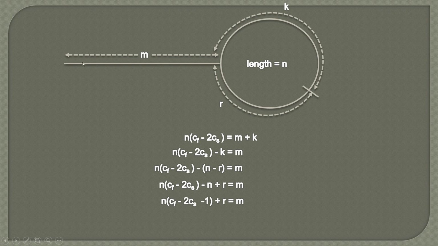And meanwhile m would have reached somewhere here, because they are moving at the same speed, one step. And finally when it would have traveled r, it would have reached somewhere here, which would be the starting node of our loop. So this equation tells that m is equal to some loops by the slow pointer plus r.